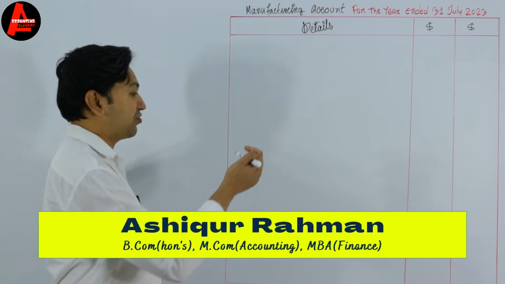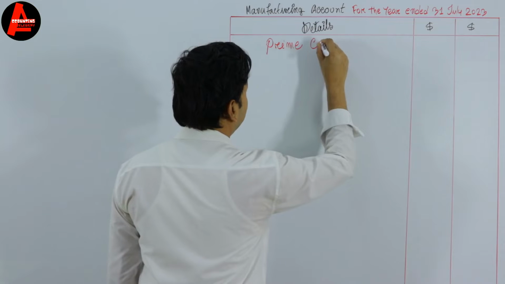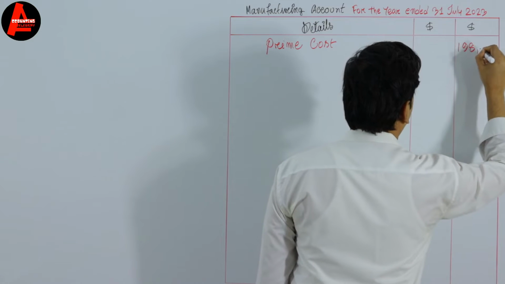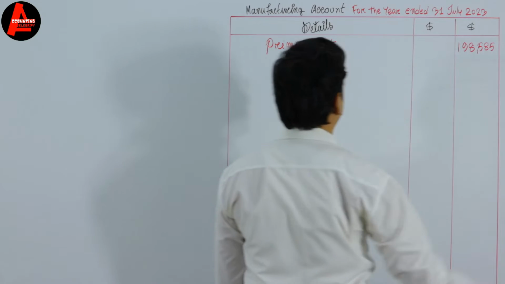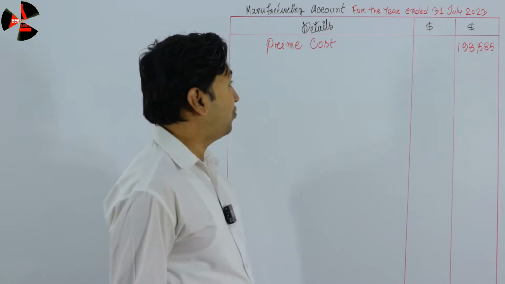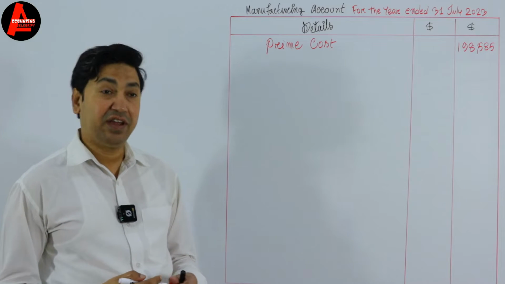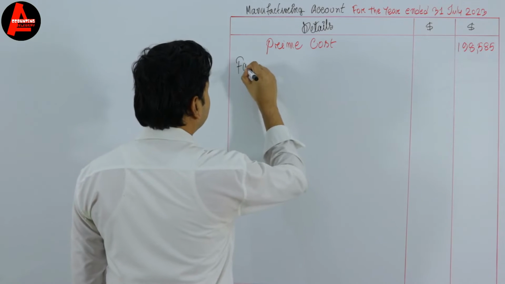So let us write here prime cost first of all, 198,585. Okay, great. So now, first of all, we will write factory overheads.